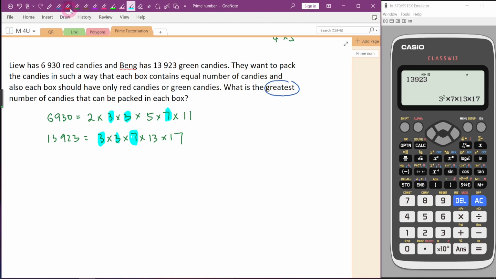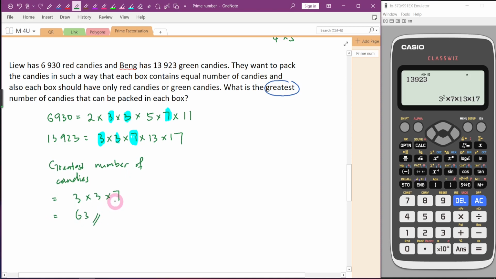Now we know that the greatest number of candy that can be packed in each box will be equal to 3 times 3 times 7, 63.